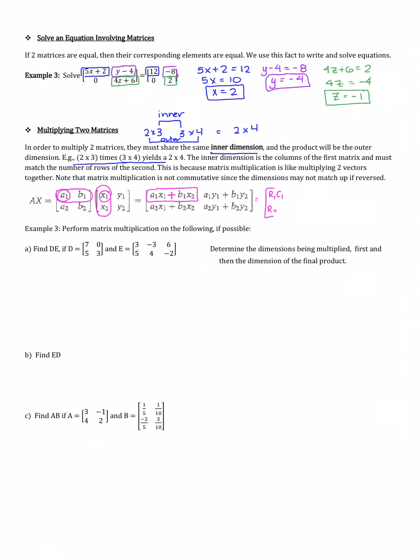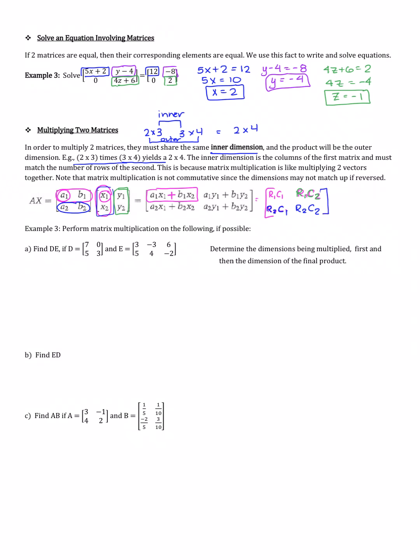This would be row 2, column 1. This would be row 1, column 2, and I can even color code this. Then the last one would be row 2 with column 2. All right, I don't know if that made sense.